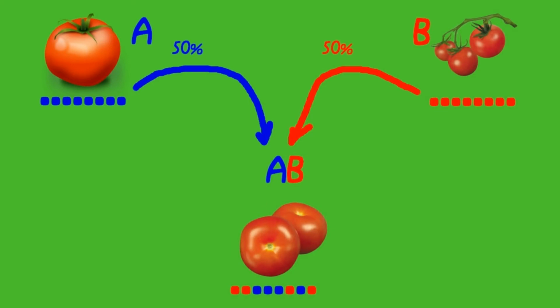But now the plant is neither A nor B. It's a combination of the genetic material from A and B, so I've called it AB. So this variety AB is simply a cross, and this is the famous F1 hybrid, because hybrid means cross basically, and an F1 is the first generation.